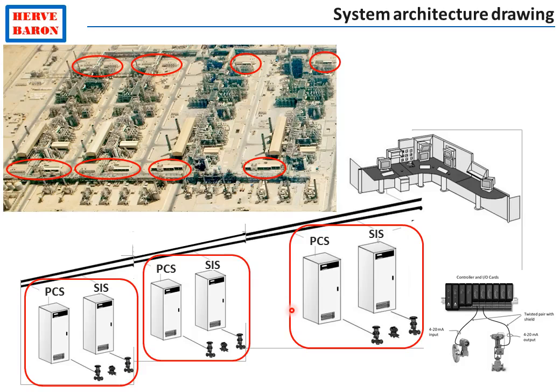At this stage, we have seen the majority of equipment for what concerns systems: the process control system and the process shutdown system. We must add to that some unit control systems, which are control systems for specific equipment or packages.